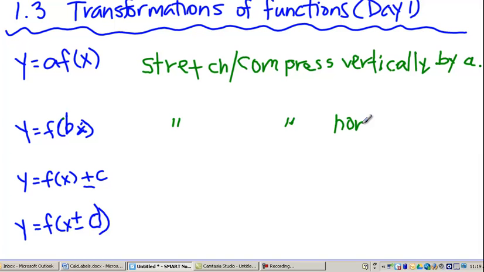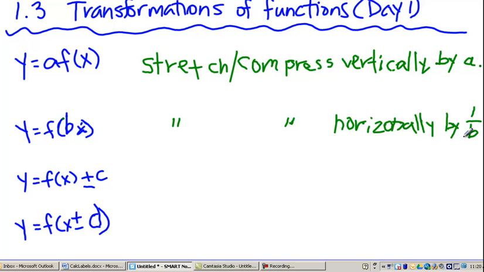It is not by a factor of B. It is actually a factor of 1 over B. So that means if you had this as a problem, you would take your parent function X values, and you'd multiply by 1 over B. I would write that down: horizontally by 1 over B.